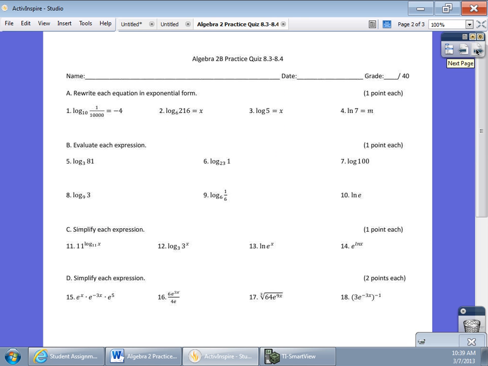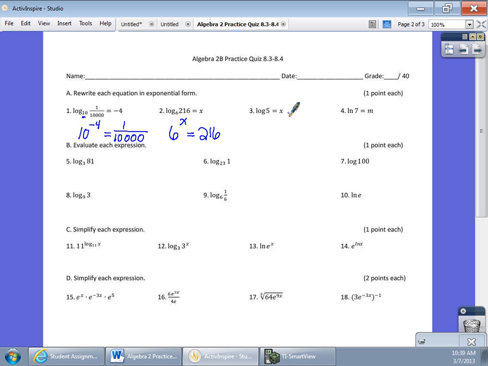Now the first thing we're doing here is log base 10 of 1 over 10,000 is equal to -4. It says rewrite each equation in exponential form. So remember, 10 is your base, -4 is the exponent, and this is the answer right there, 1 over 10,000. And you're done. So over here, log base 6 of 216 is equal to x. 6 is the base, x is your exponent, and 216 is your answer.